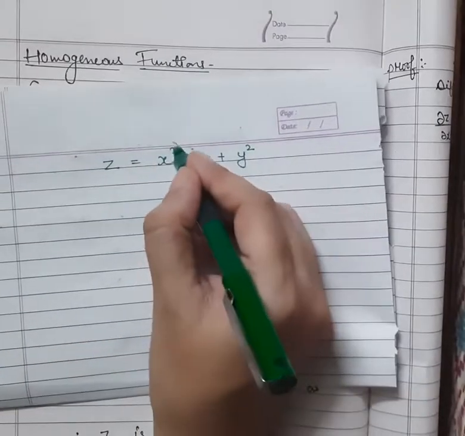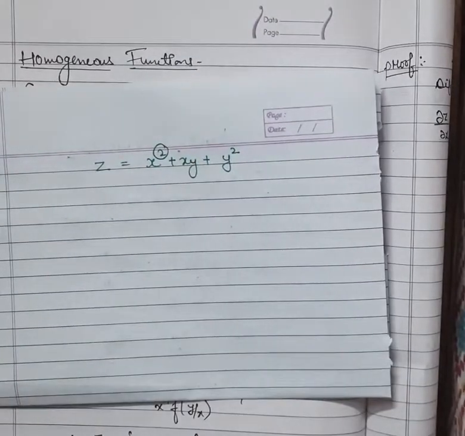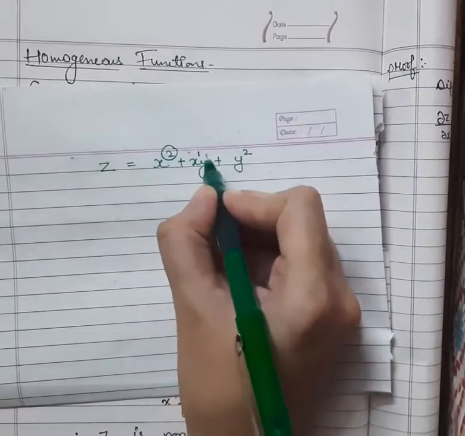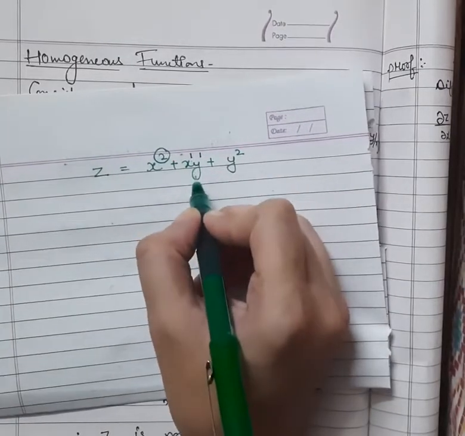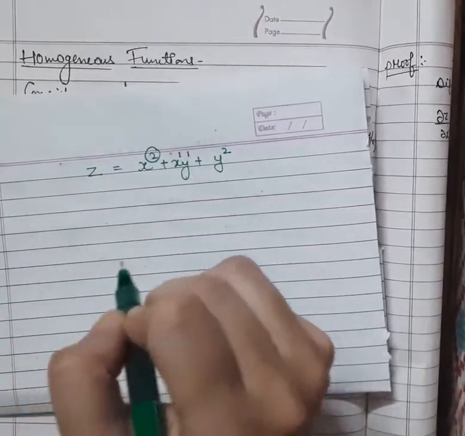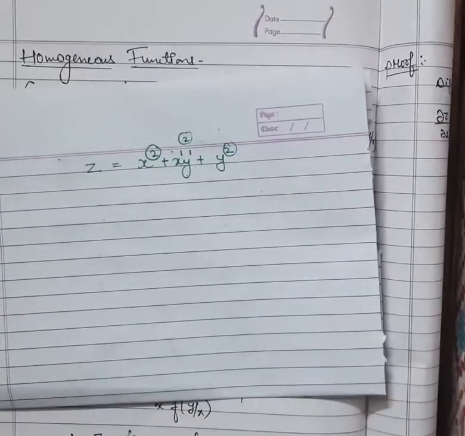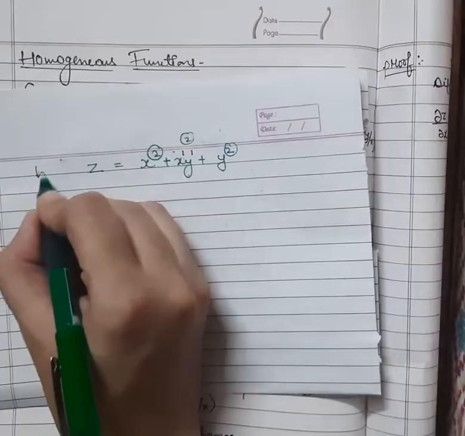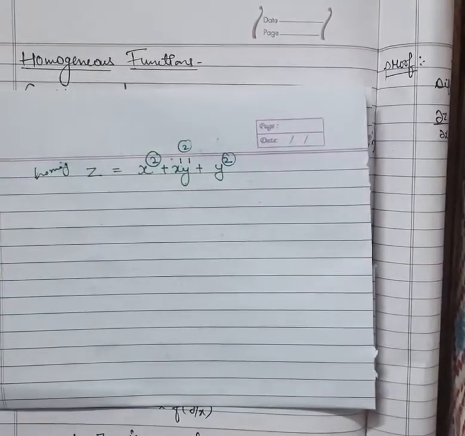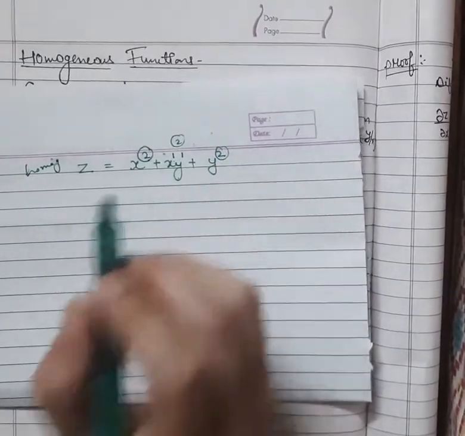If you look at the first term, degree 2. The second term, x has power 1, y has power 1, so combined degree again 2. And the third term is also 2. So we can say this function is homogeneous and the degree is 2.